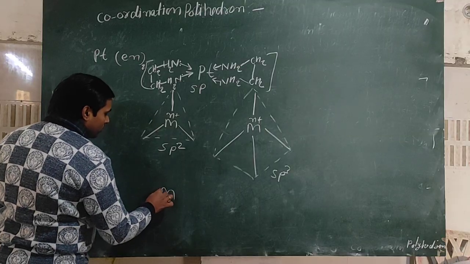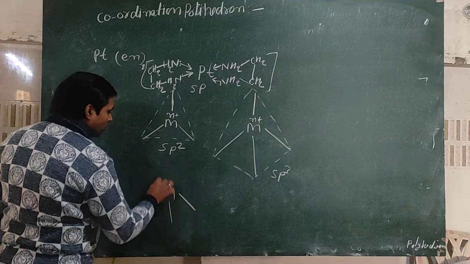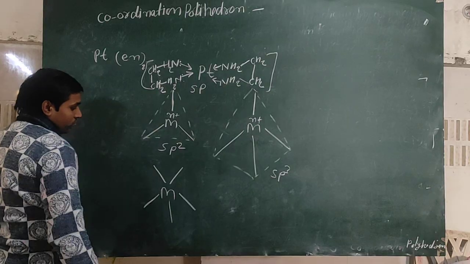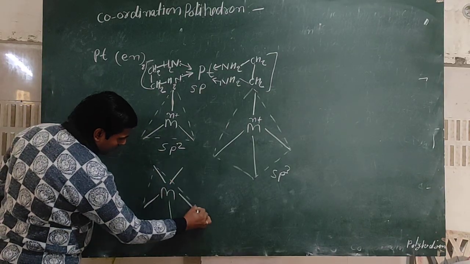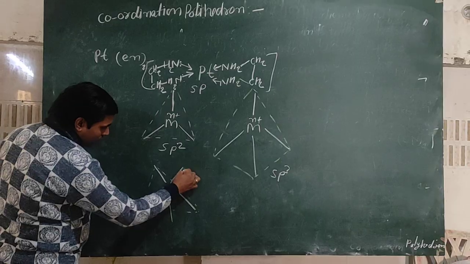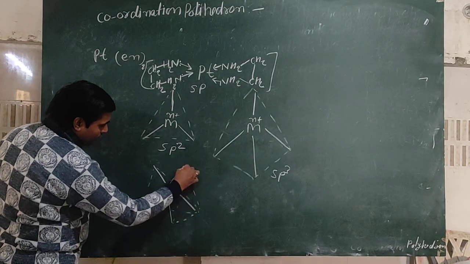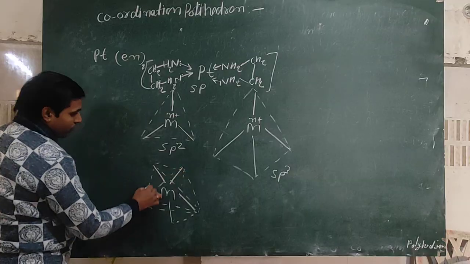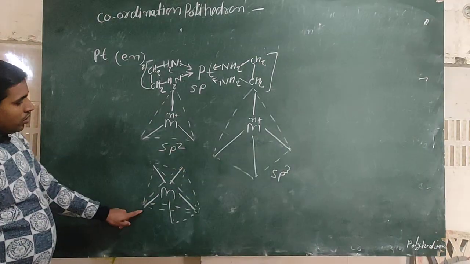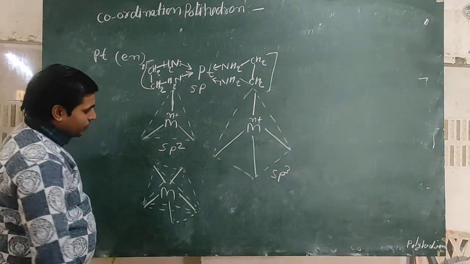But in case of pentagonal bipyramidal structure, when combined with one another, it forms pentagonal bipyramidal structure.